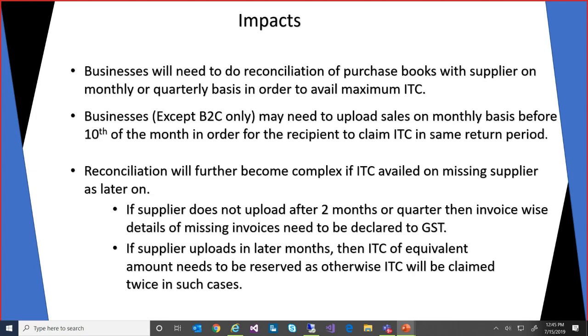And if the supplier uploads in a later month, then the equivalent ITC has to be reversed. Because if you have claimed the credit on the basis of missing invoices, and once the invoices are uploaded, the ITC equivalent to the missing invoices you have to reverse. So those things will come into the picture, and this will make your reconciliation process a little bit complex.